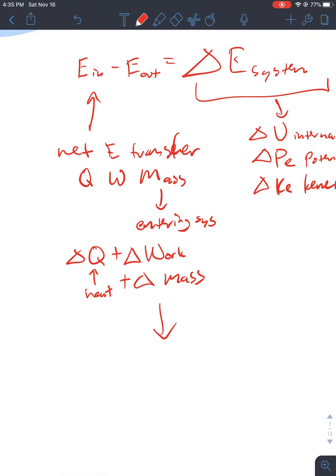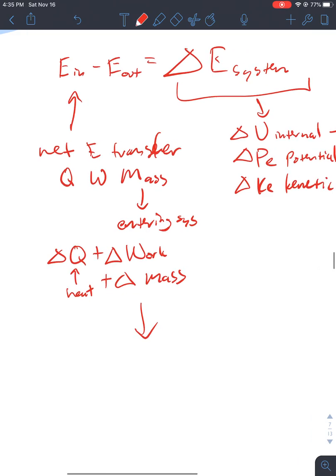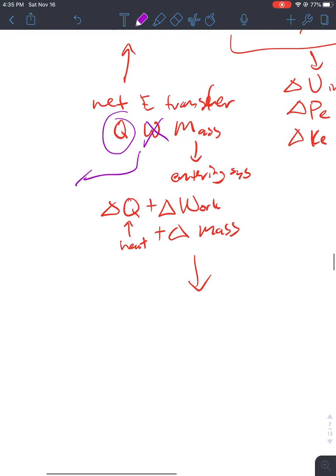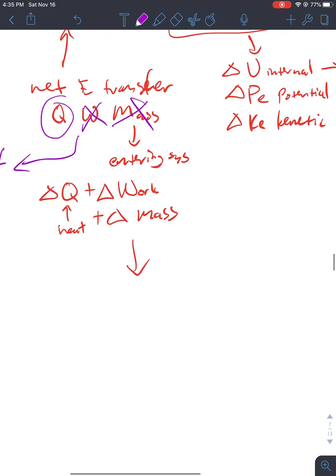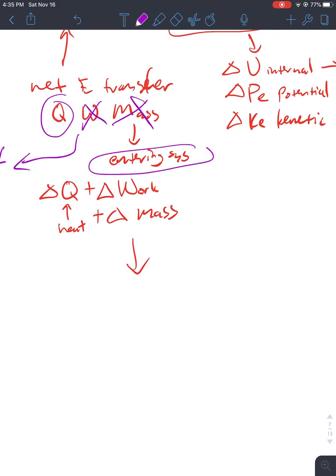So next thing is, we have no work. There is no delta V, no volume change. The dot means change. Didn't need that. Whoops. So let's erase it. If no change in mass, because I guess you say that it's an infinite system, infinite mass system.